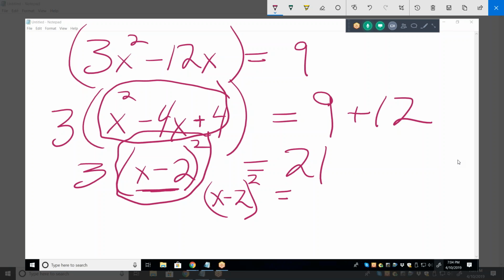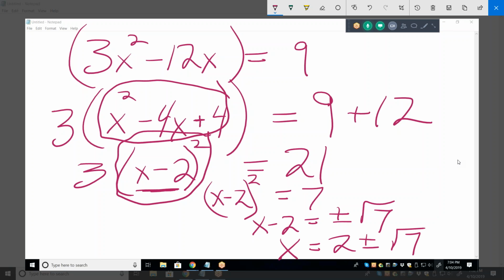And then equals 7. Okay. Now we're then ready to take the square root. You're never ready to take the square root of both sides until you get just whatever's in the parentheses squared. Got to get rid of everything else. Okay. Next line. Then it would be x minus 2 equals plus minus square root 7. Next. Then the next line would be 2 plus minus square root 7. Good. Very good.